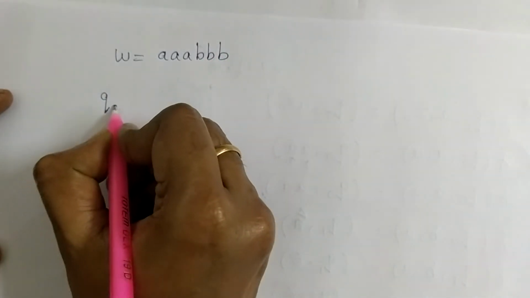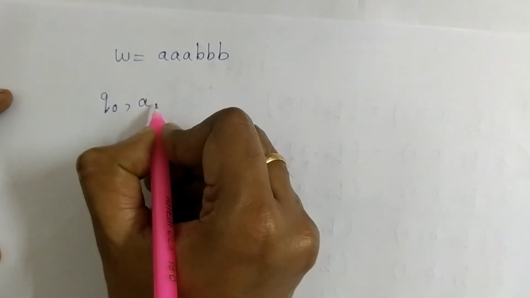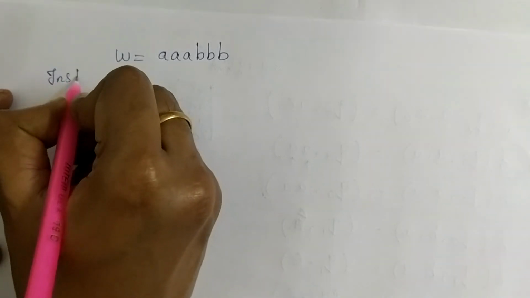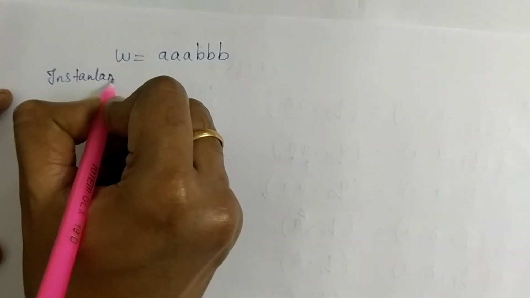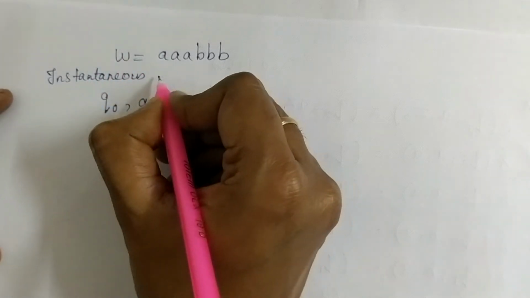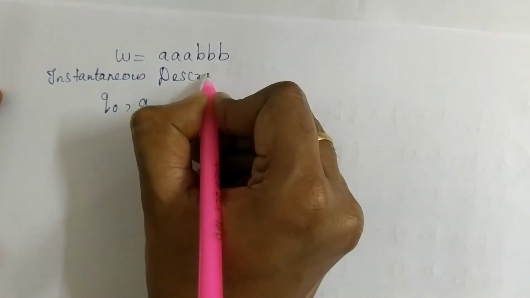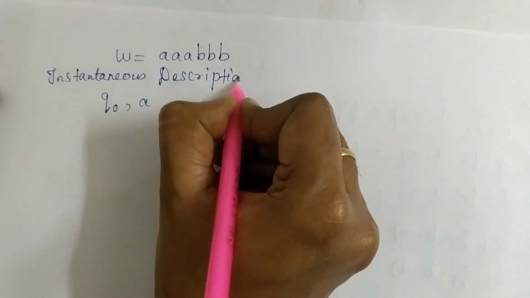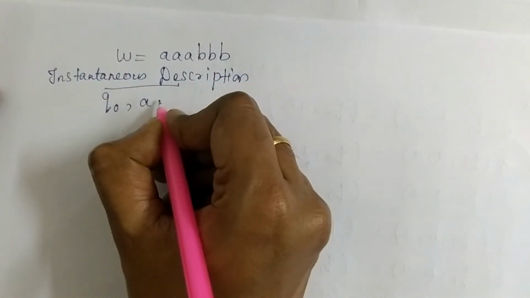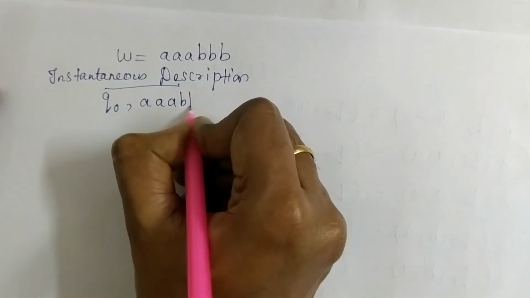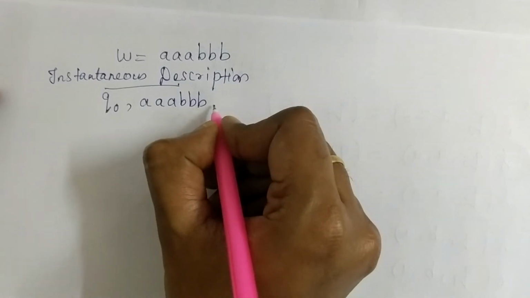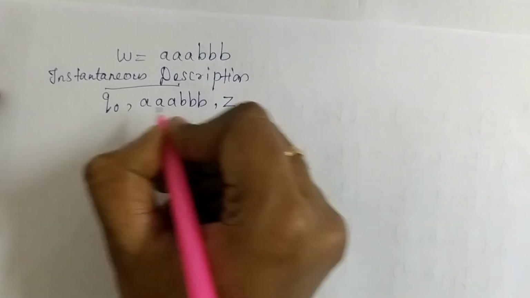What is the starting state? q0. What is our string? This is the instantaneous description method. So what is our string? abbb. And the top of the stack is z0.